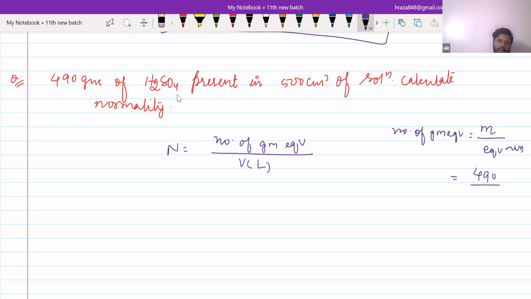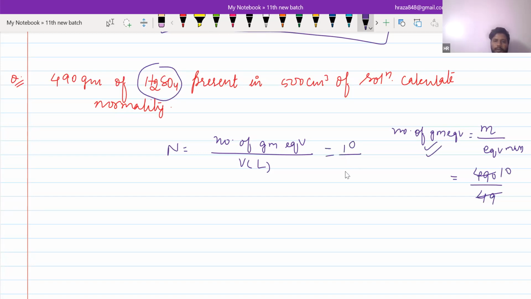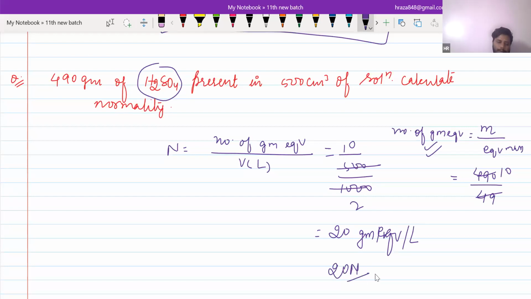What is the equivalent mass of H2SO4? 49. So the number of gram equivalent is 10. I'm going to put it here: 10 upon volume of solution in liters, so 500 divided by 1000. Yes, your answer is very correct. 20 gram equivalent per liter, or we can call it 20 N.